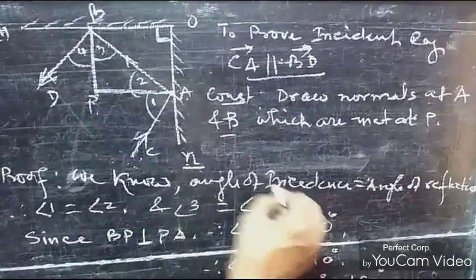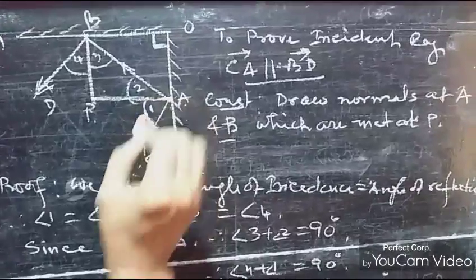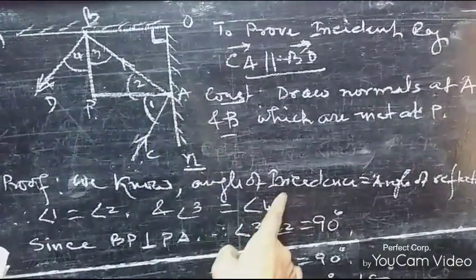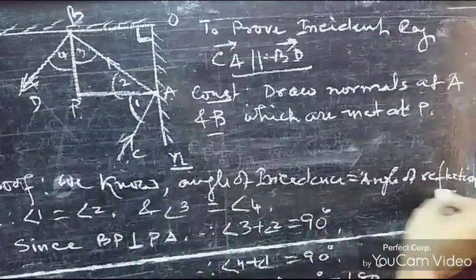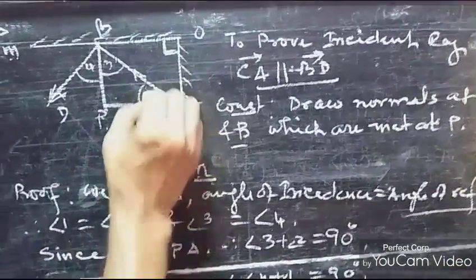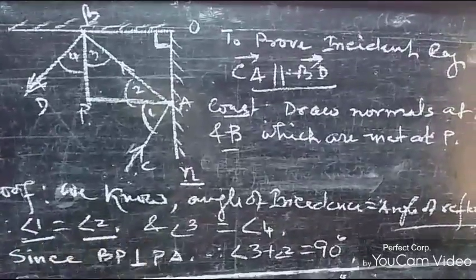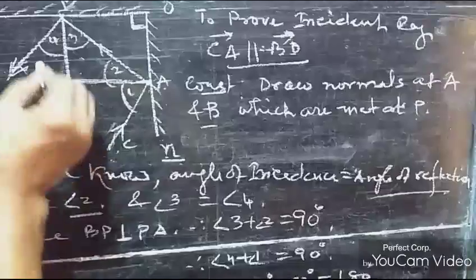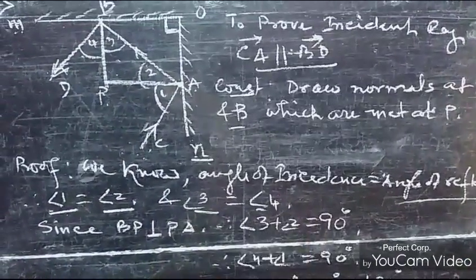Now prove. We know the angle of incidence, the angle between the incident ray and the normal, and the angle of reflection are the same. So here angle 1 equals angle 2. This is also an incident ray on this mirror, and this is a reflected ray, so angle 3 equals angle 4.